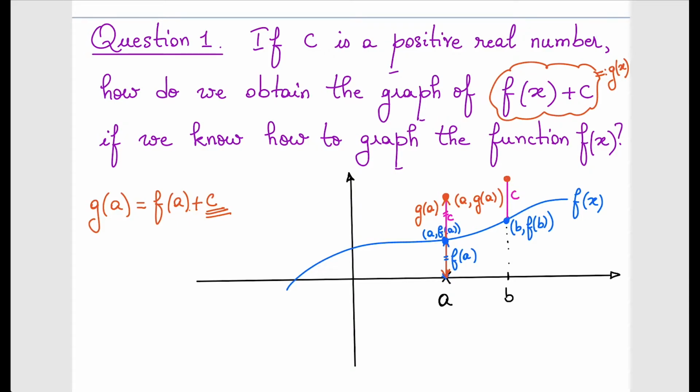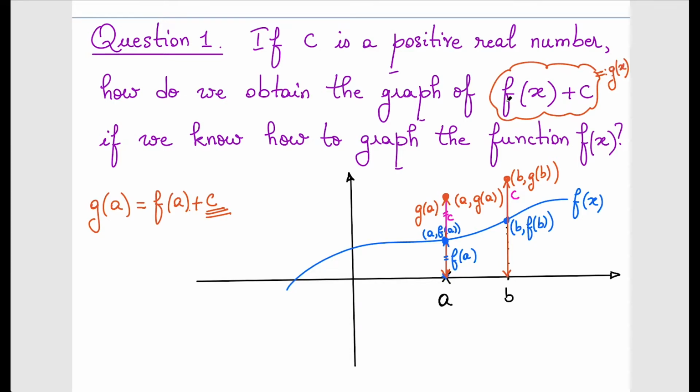If you add c to it, you get to the point g of b, right? So this whole height is g of b. So this point becomes b comma g of b. Okay? Because this is how the output of g and the output of f are intertwined.